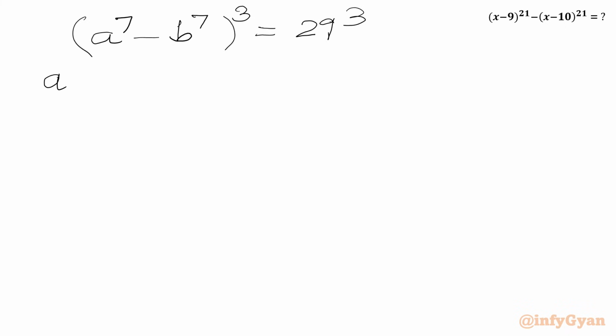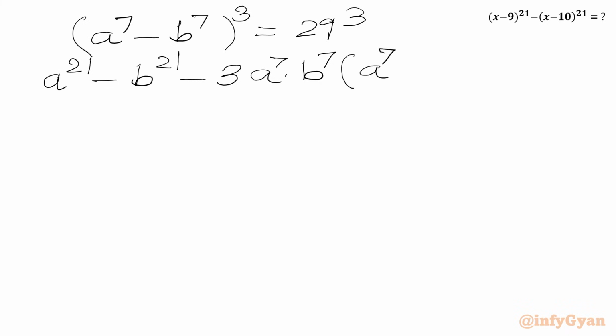I will get a power 21 minus b power 21 minus 3 times a power 7 times b power 7 times, in the bracket, a power 7 minus b power 7, equal to 29 cube.